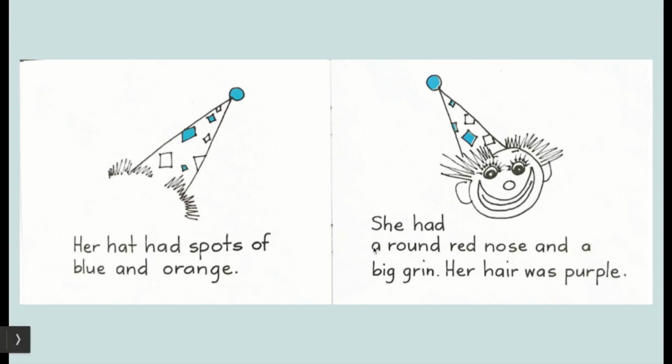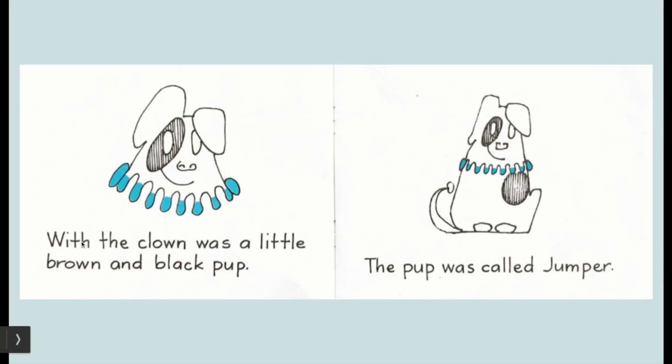She had a round red nose and a big grin. Her hair was purple. With the clown was a little brown and black pup.